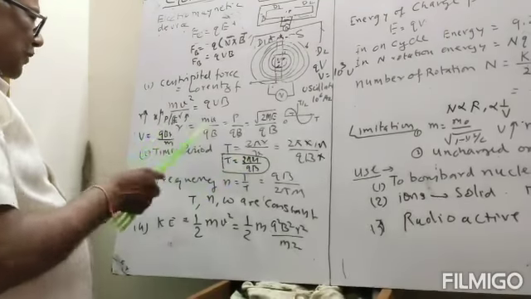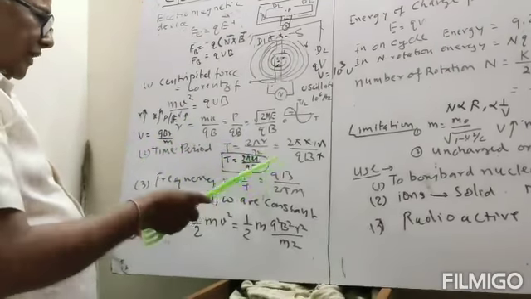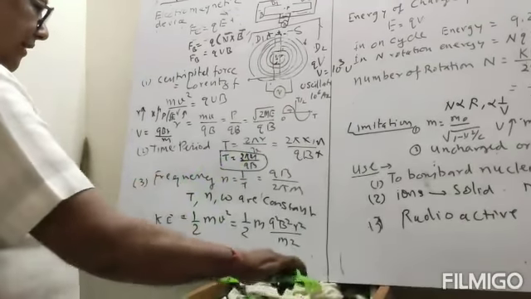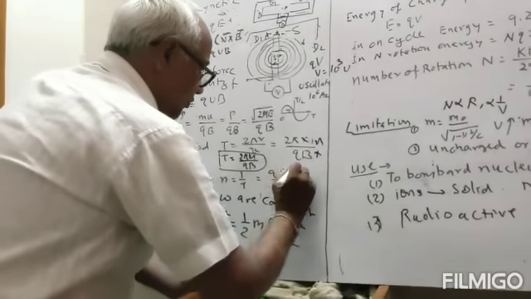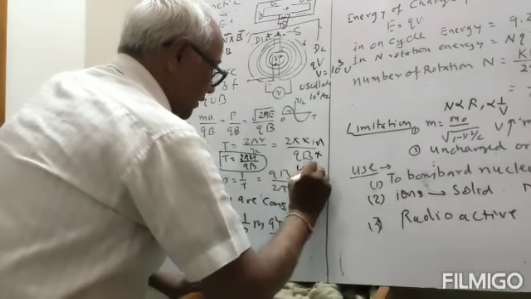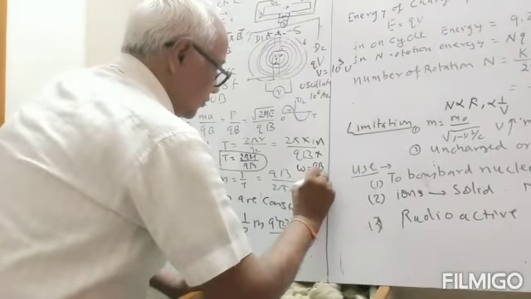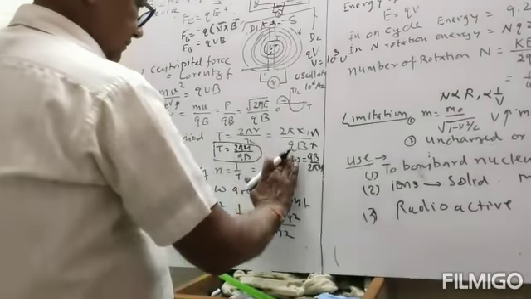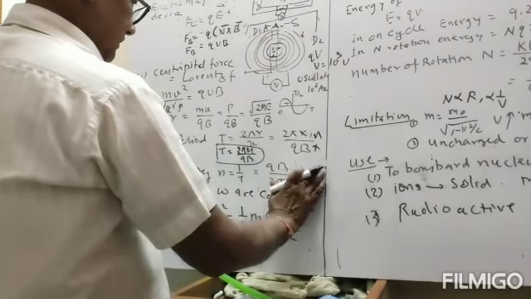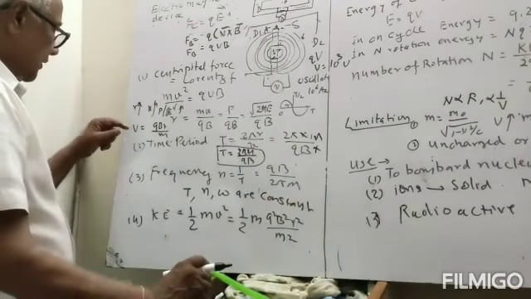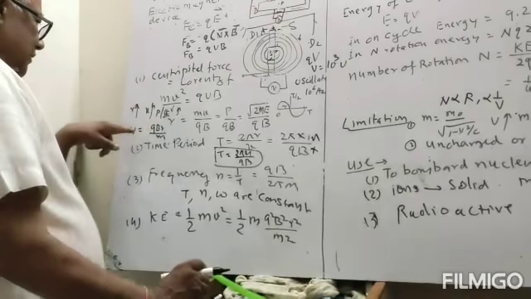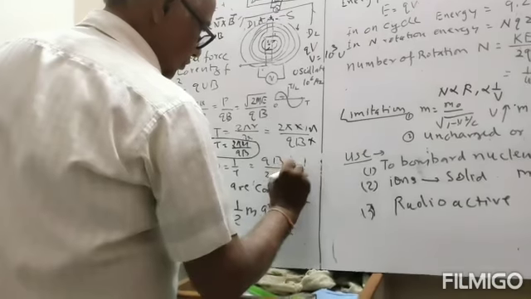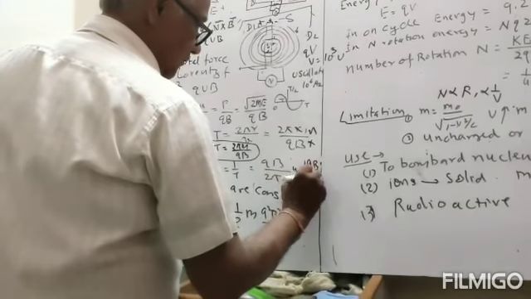So time period, frequency, omega. Take omega as 2 pi by T. So omega will be equal to qB by m, which is also v by r. So omega will be equal to qB by m.